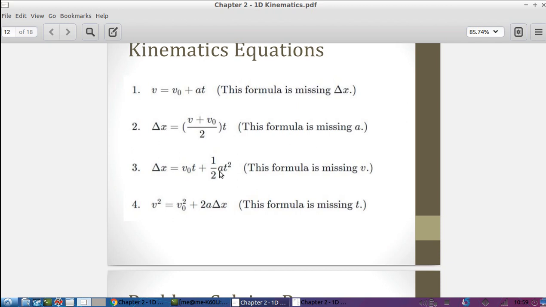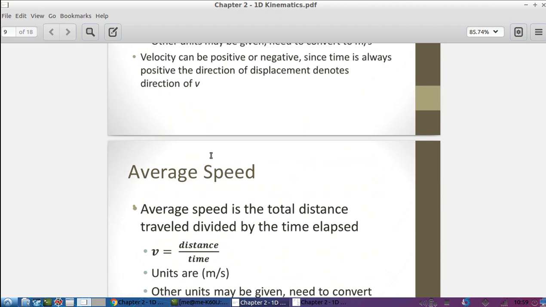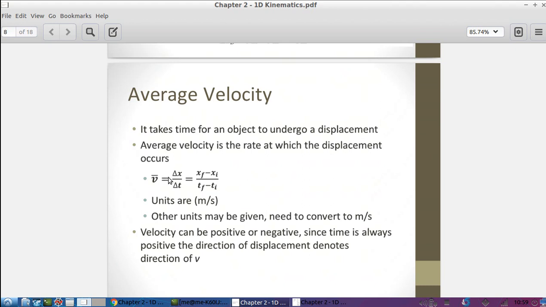So I've got this 1/2, this a, this t squared; if acceleration is 0, this whole thing goes to 0. It's missing V final, but if I have a constant velocity, this V initial stays the same, and I'm left with the DIRT equation: delta x is V times t. So if I'm not accelerating, both of these equations become my definition of average velocity, constant velocity, delta x over delta t.